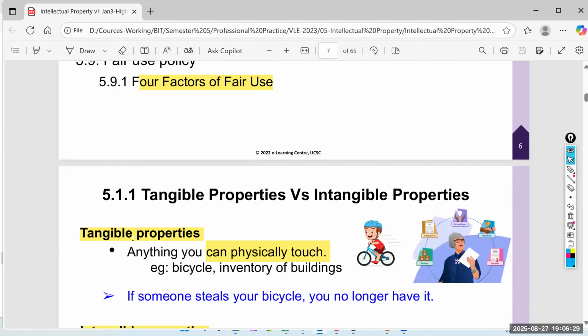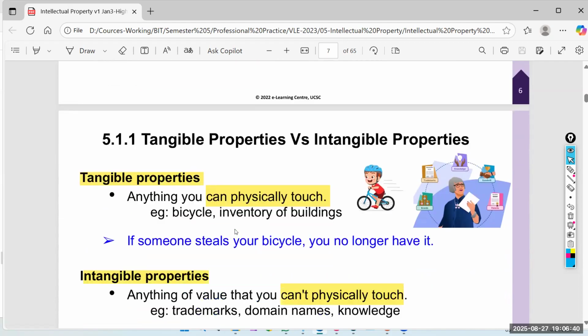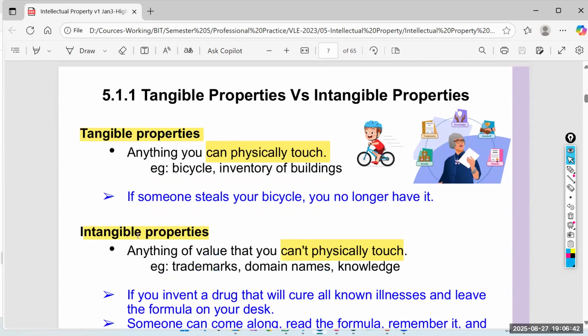Okay, right. Intellectual properties. So intellectual property rights are related to intangible properties. There are two types of properties, physical or tangible properties, and intangible properties. Tangible properties, if there's a theft, we can easily prove it because if you steal my vehicle, now the vehicle is with you, right?